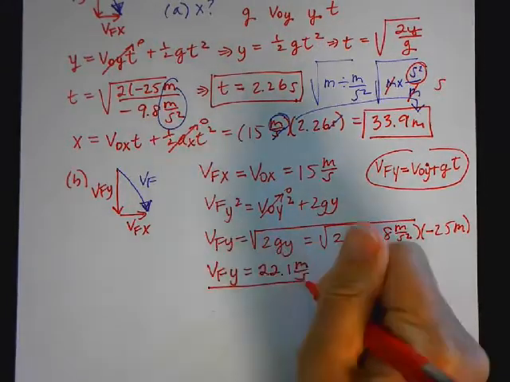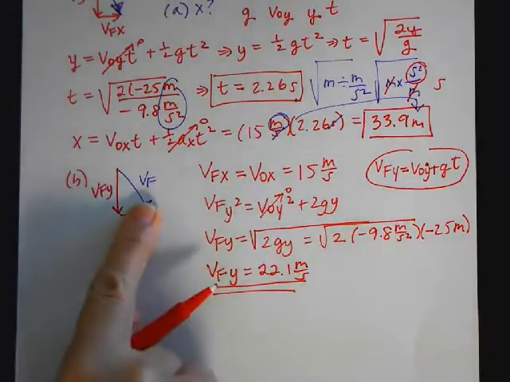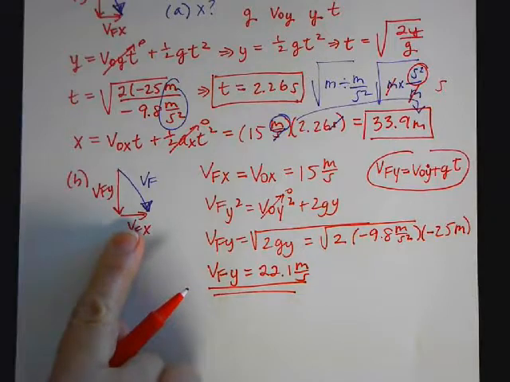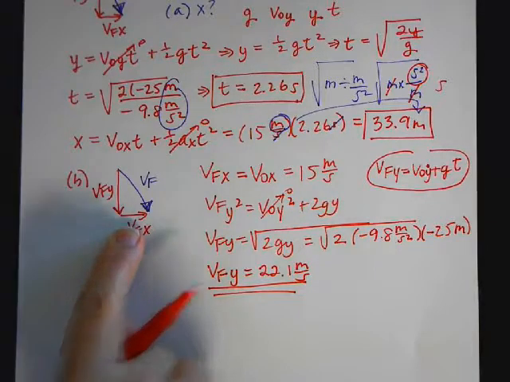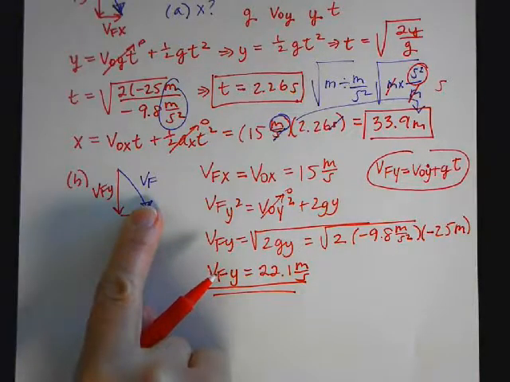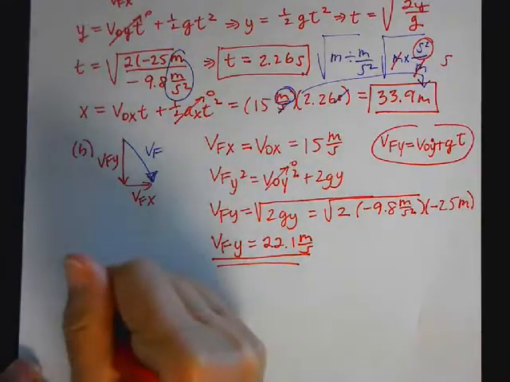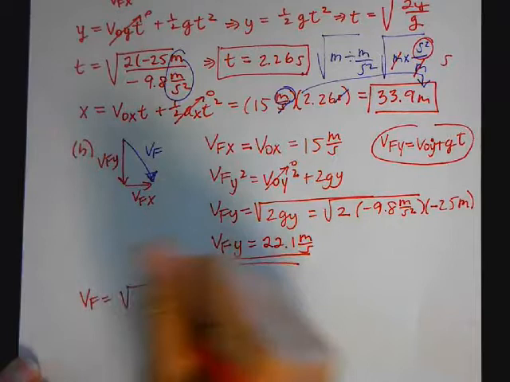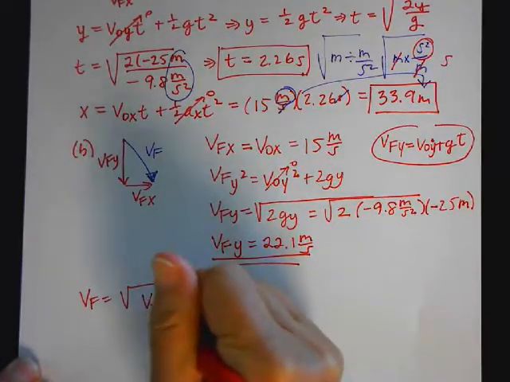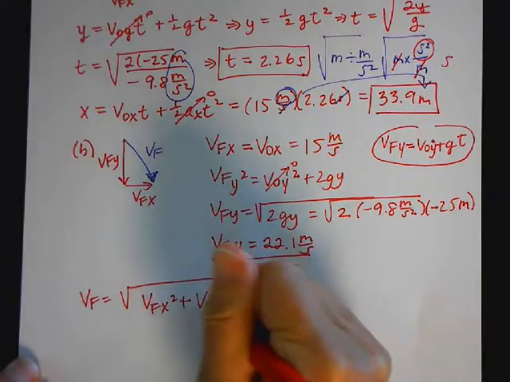But I'm not done, because I want to find v_f. So my components are, again, perpendicular, head to tail. So I want to find the resultant, so I'm going to use the Pythagorean theorem. So v_f is equal to the square root of v_fx squared plus v_fy squared.